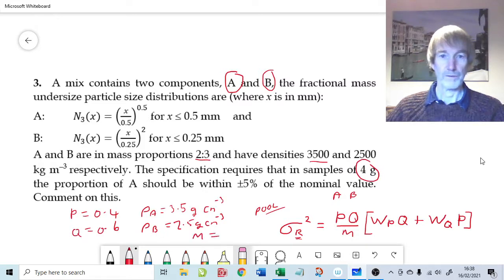So we know the value of P, we know the value of Q, we know the value of M. It's just these two things here, WP and WQ.